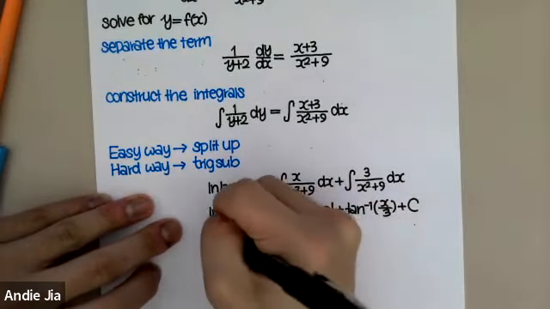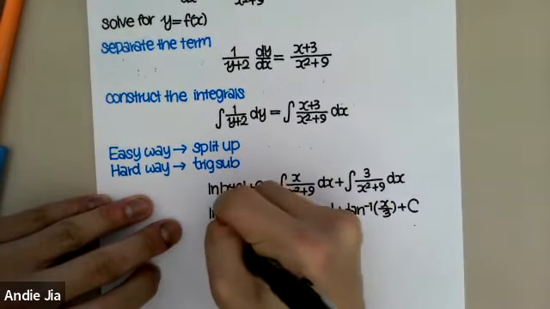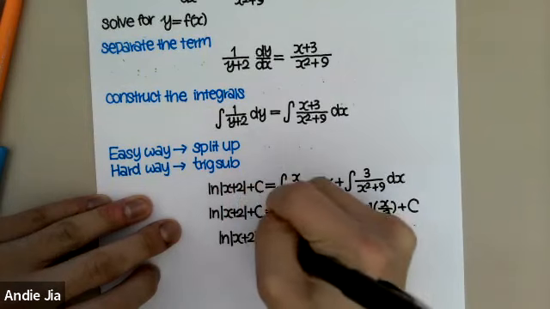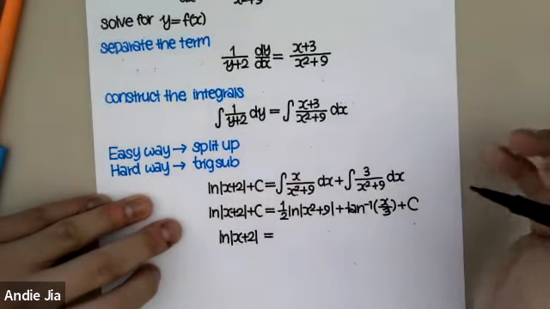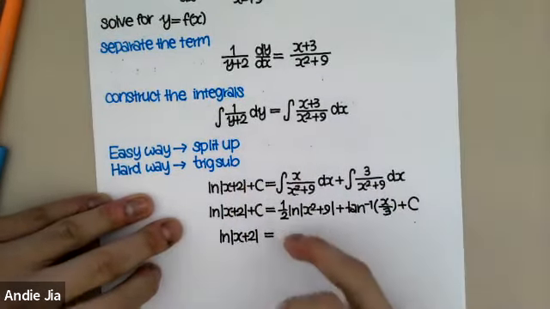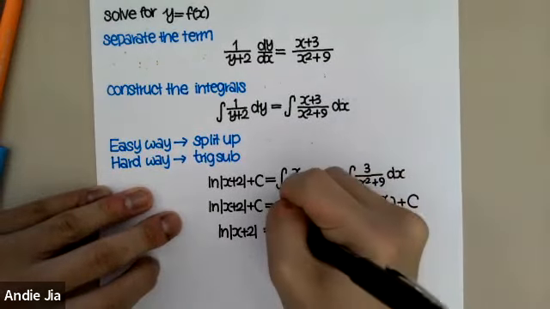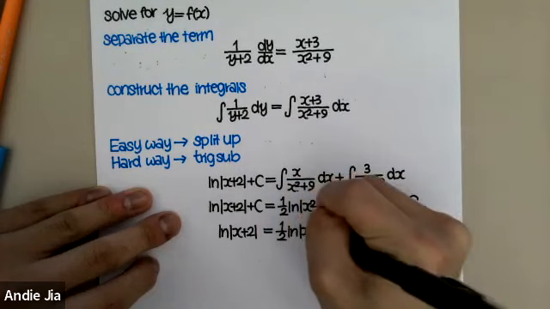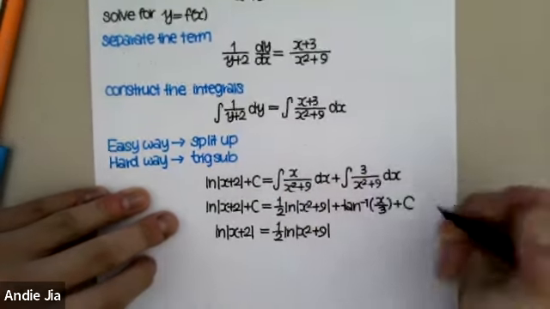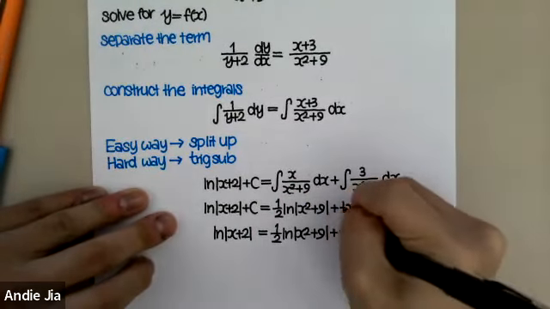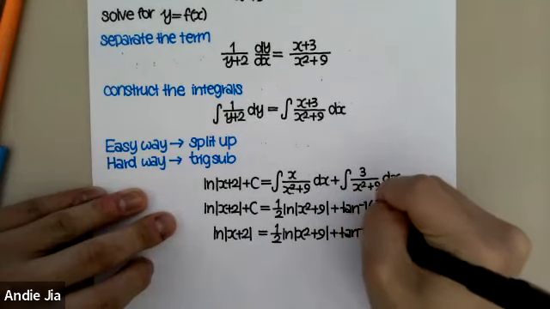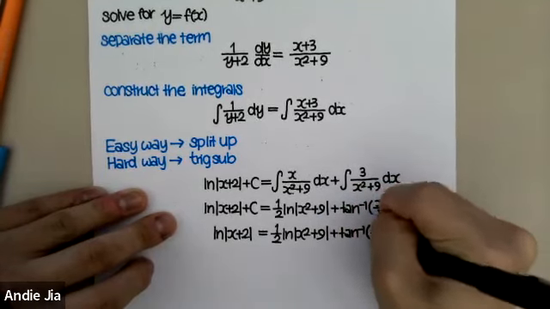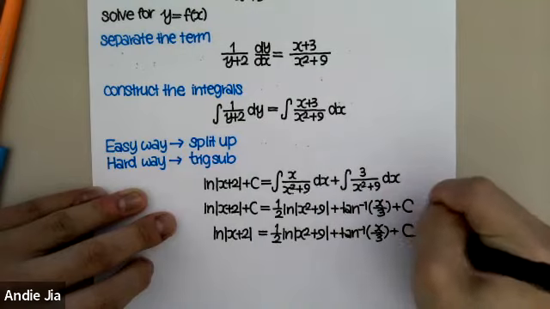That's going to be nastier. I hate the natural log for some reason. That is one of them. Plus inverse tangent of x over 3 plus constant of integration.